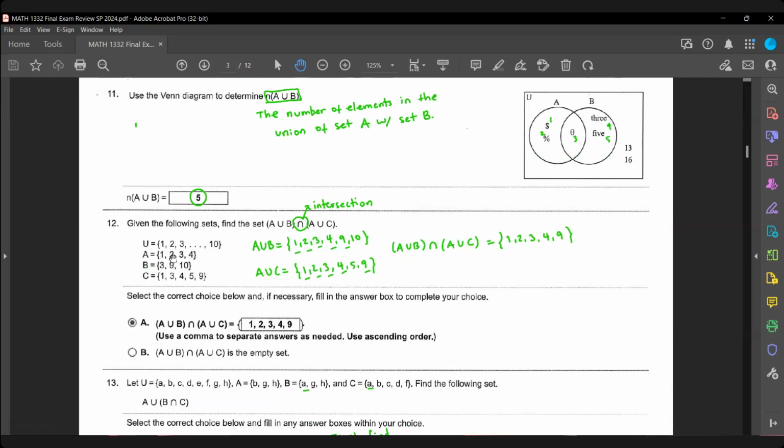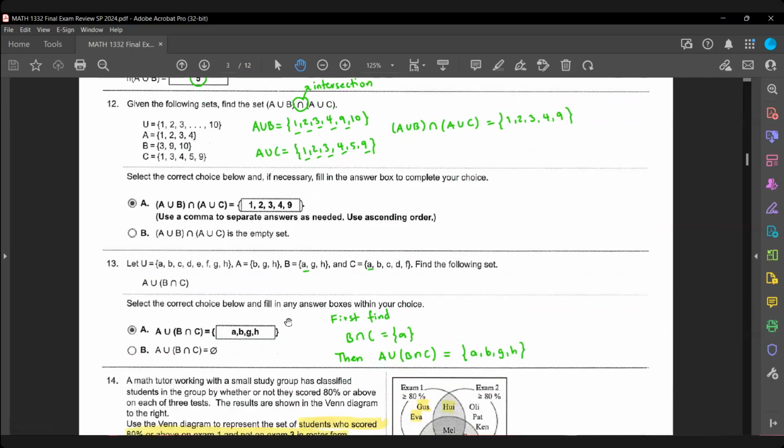We took all the elements of A, put them together with all the elements of B without the need of repetition. Took all the elements of A, put them together with the elements in C without the need of repetition. Once we had that, we then look for which elements this set and this set have in common.